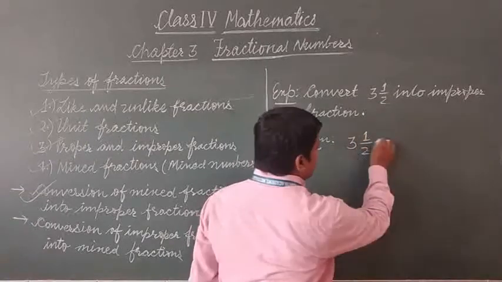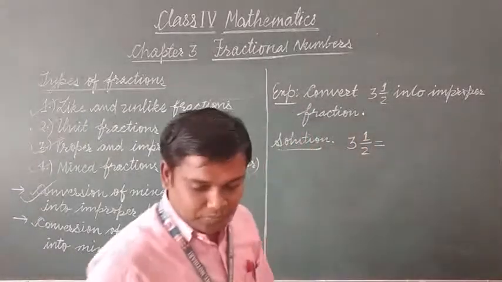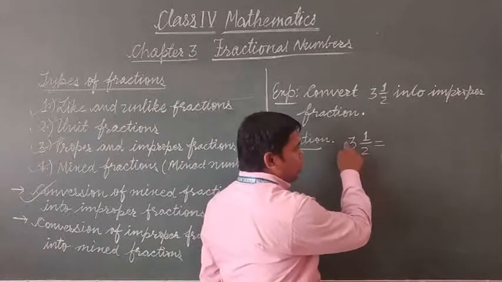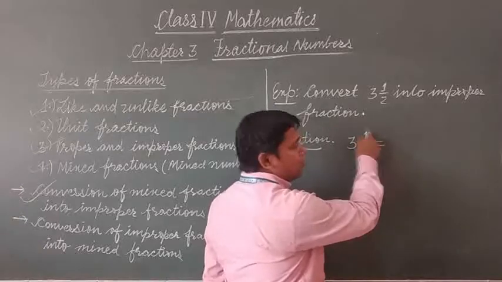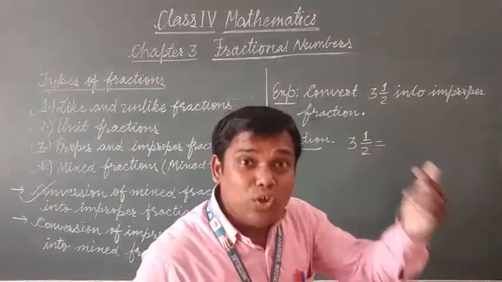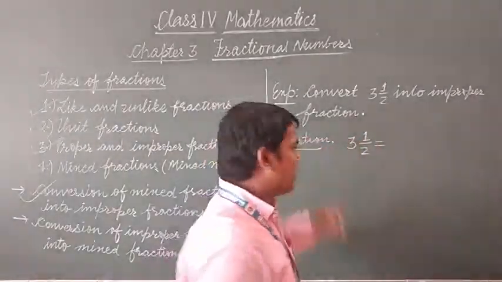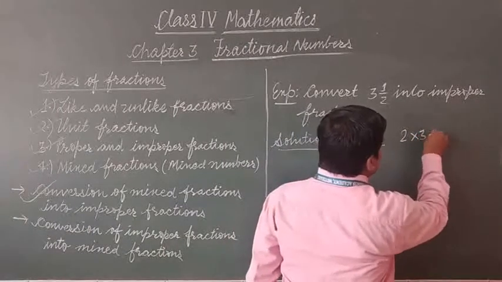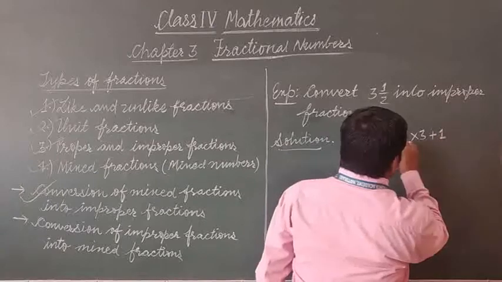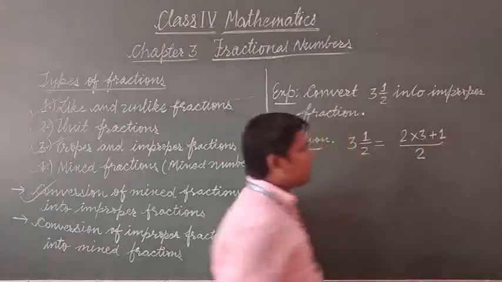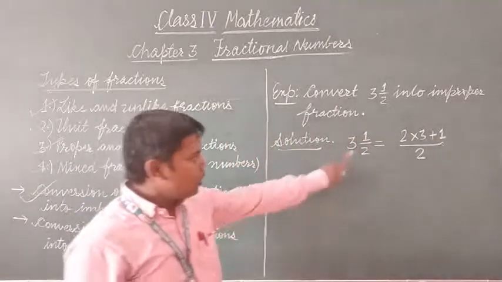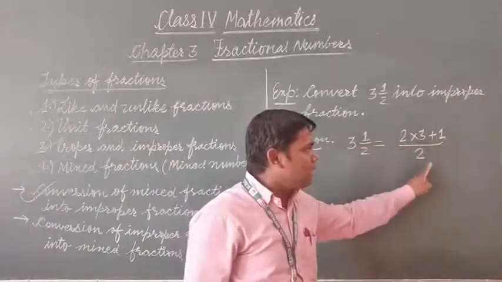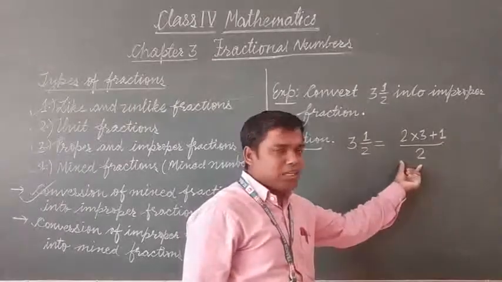How to convert? In this case, look here. We multiply the denominator with the whole part and we add the numerator to make the numerator of the improper fraction. This can be written as 2 into 3 plus 1, and the denominator will be the denominator itself. 2 multiplied by 3 plus 1, divided by the denominator of the fraction.